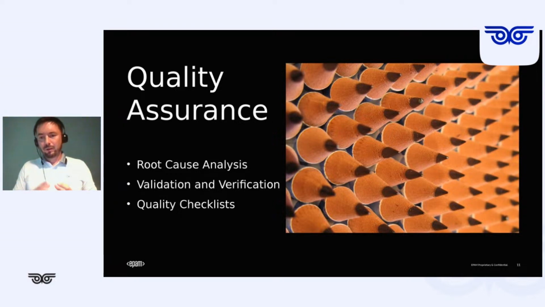Yeah, and the simplest document, like not document, but tool is a checklist, right? So you go 1, 2, 3, okay, all points met, then we think this is a quality artifact. So that's it. Yeah, and root cause analysis, basically. Coming back to the story with the artifacts. So okay, we have implementation stuck. Why do we have it stuck?